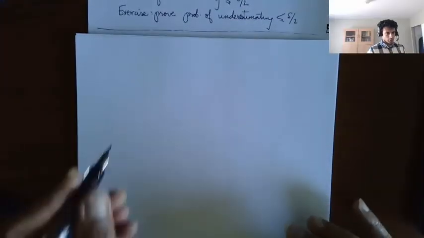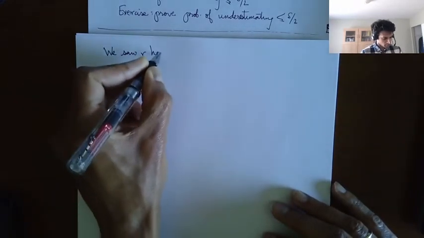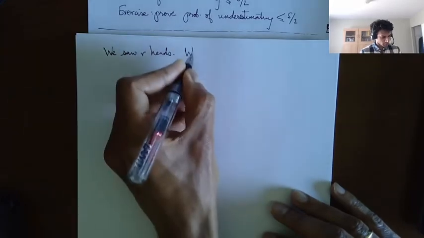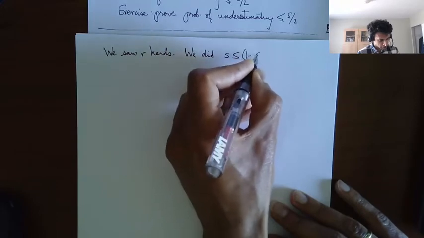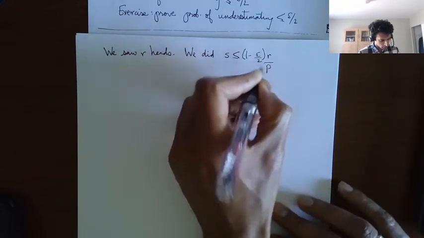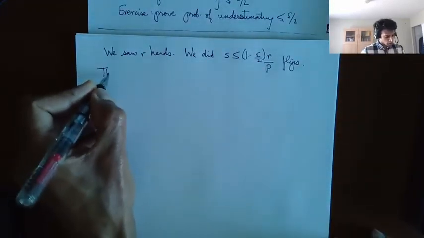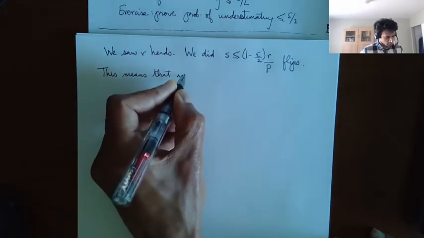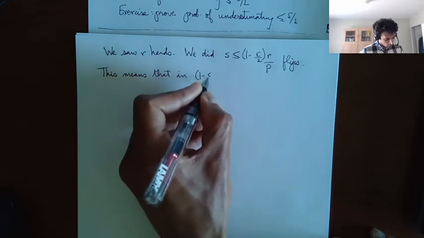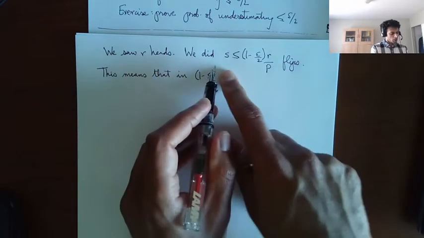Remember, we saw R heads. We did S less than (1 minus epsilon) over 2 times R divided by P flips. Right? This is where we got. I haven't done any change yet. So imagine the following experiment. You saw R heads. You did S flips.